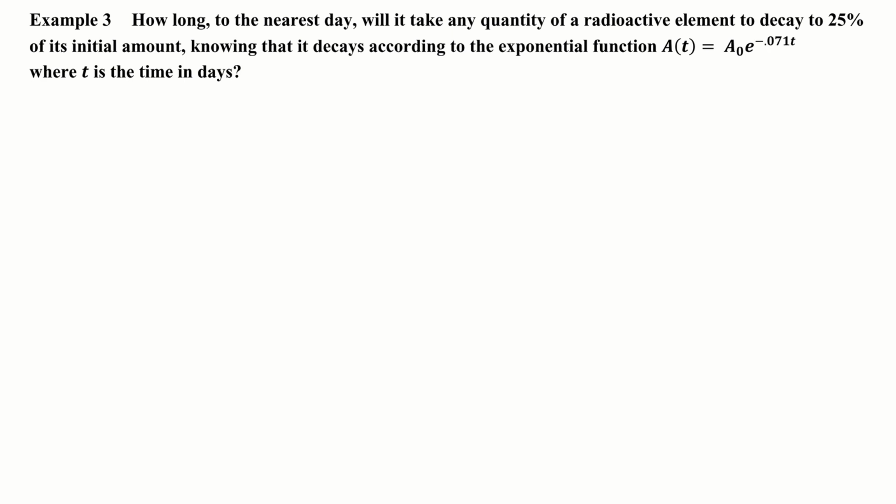So we were using a different unit of time here. And remember, basically, we want to know how long it's going to take for A0 to become what? 25% of its initial amount. So 25% of A0, right? Now 25%, that's basically 25 out of 100 or 1/4, right?